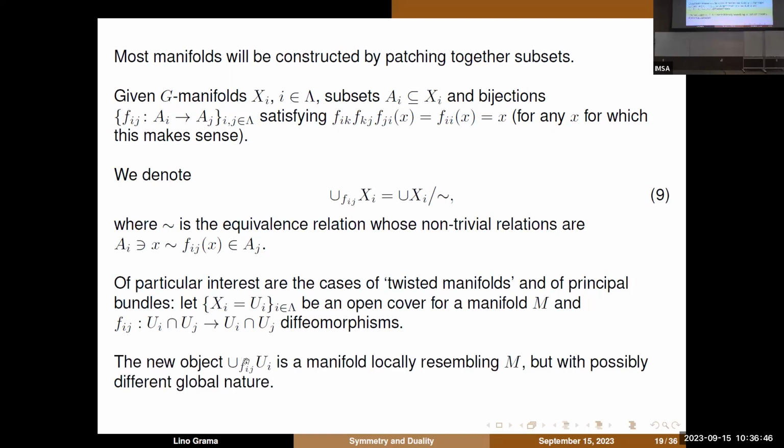Then the new object provided by this F, some union of these subsets, is a manifold that locally resembles the manifold N, but has a different global nature. This is the more simplified picture. You pick the bundle, you have some open cover of the base manifold to describe the bundle. We have some transition function, but now we twist this transition function by another action we call the star action.